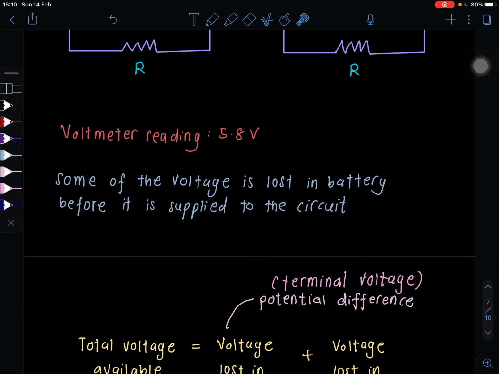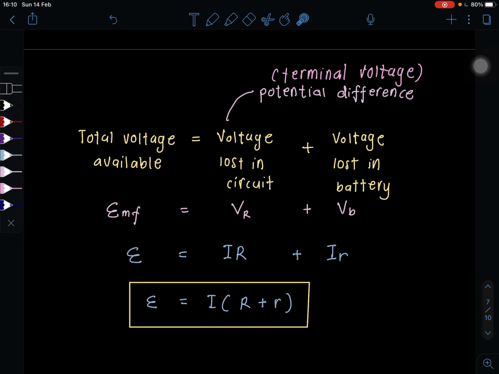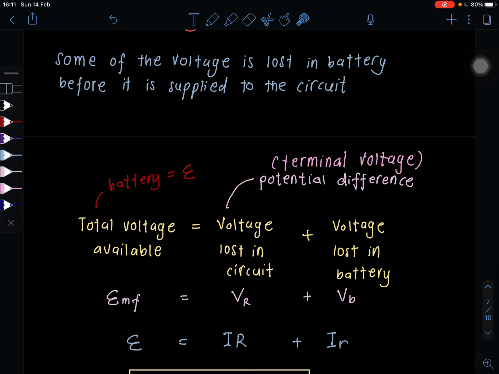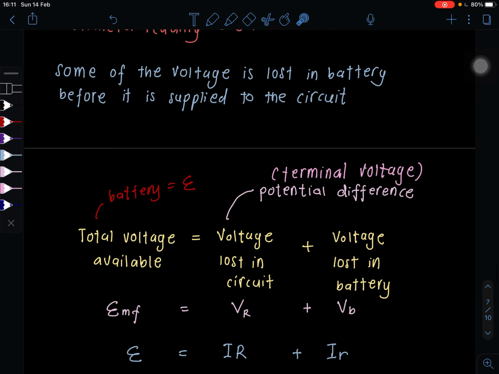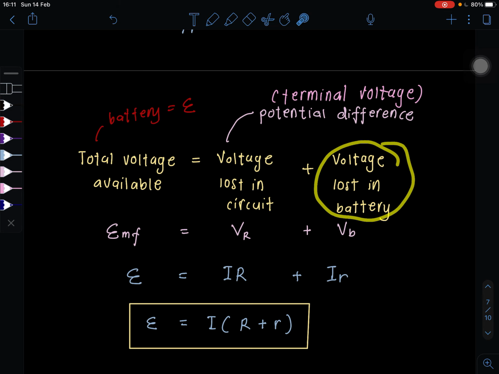So meaning that here, we have a total voltage available. The total voltage available is the value from the battery, which is the value of EMF. So the total voltage available will be equal to the potential difference or terminal voltage, which is the value that the voltmeter measures, plus the voltage loss in the battery.